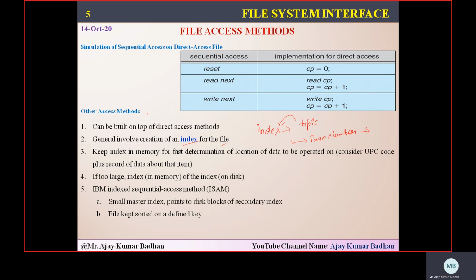These are the other methods we have, and basically this method is mostly used. This access method we have already seen in the previous chapter, in your third unit, where you maintain a page table. The CPU generates a logical address P comma D.